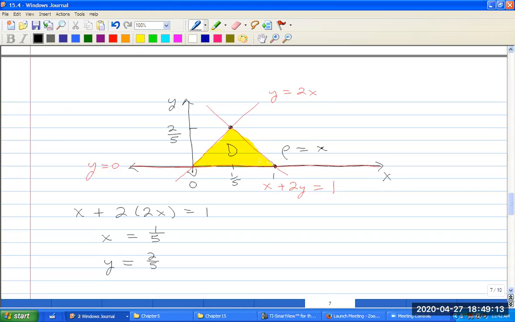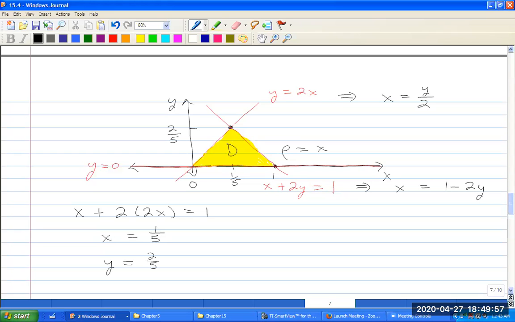I can either integrate over x, which looks perfectly fine, but I have to split this into 2 regions. If I integrate with respect to y, I only need 1 region. So let's integrate with respect to y, just because it makes it a little bit easier to integrate that way. And so let's switch this. I have x is equal to y divided by 2, and here I have x is equal to 1 minus 2y.